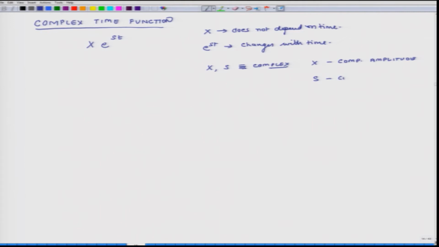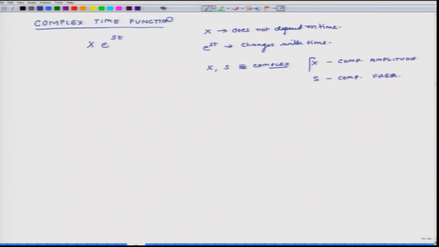It is called complex frequency. So, X is complex amplitude and s is complex frequency. So, X will have a real and an imaginary part, and same thing is true of s also.